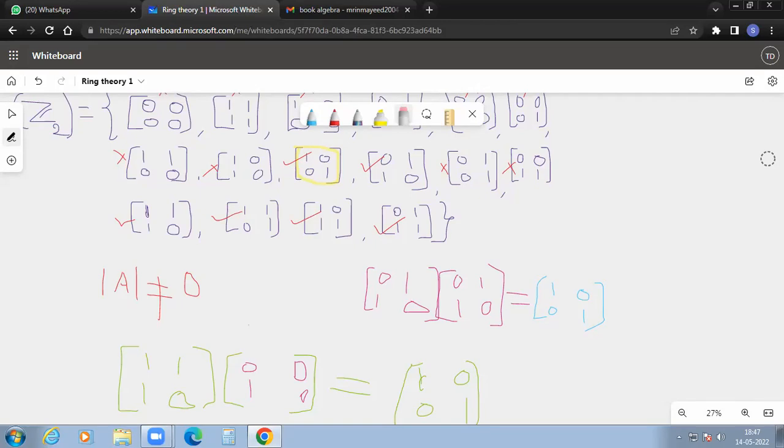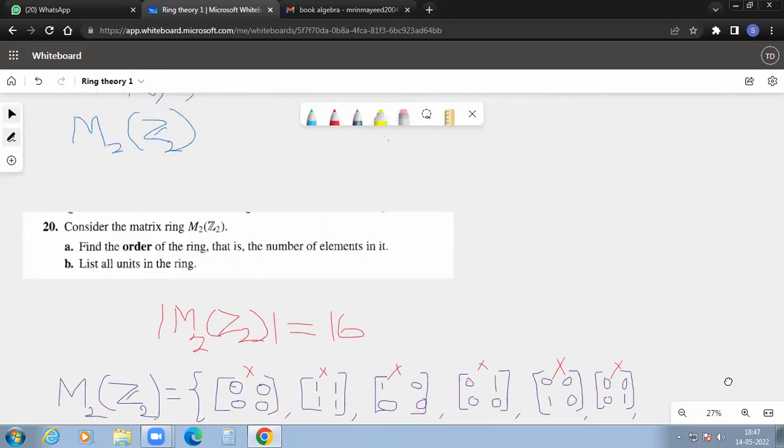As I said previously, those which contain 2 ones but in diagonal positions, they are invertible, and the matrices containing 3 ones are also invertible in this case. So they are unit elements. So I feel you got the concept of unit elements over here.